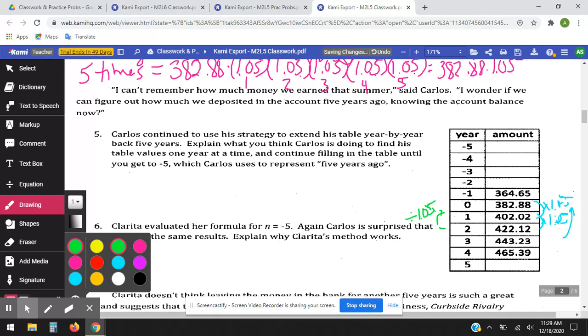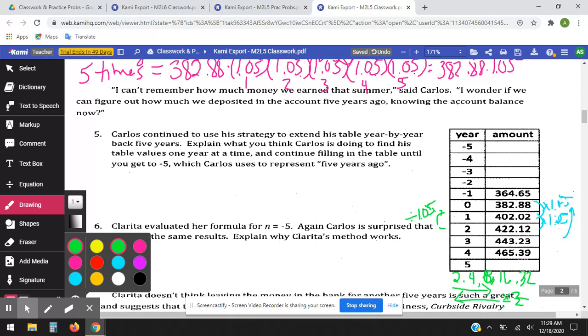Just like if we would go 2, 4, 8, 16, 32, going this way is a times 2, but going that way is a divide by 2. It's just opposites, mathematical opposites.